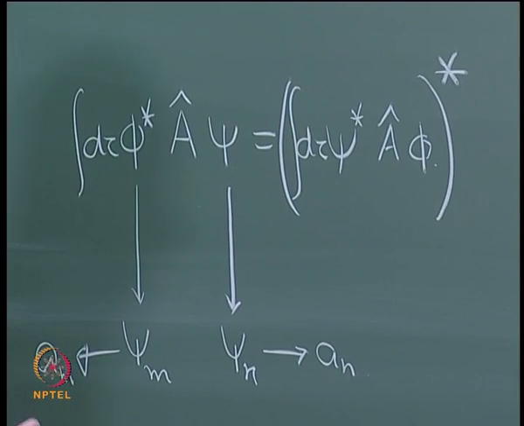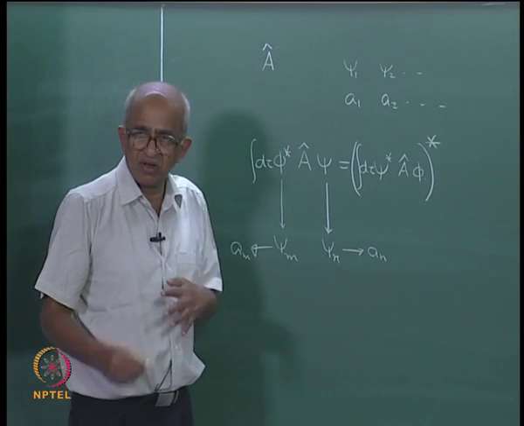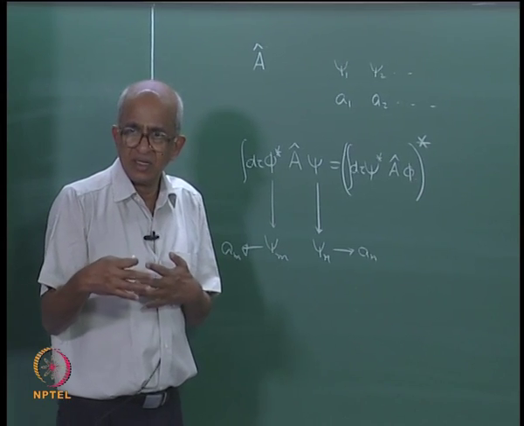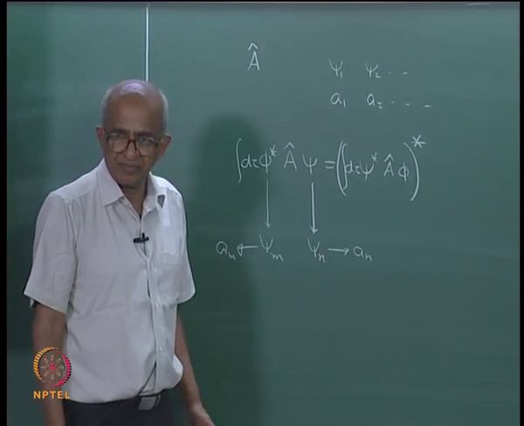And further I will also assume that a m and a n are different. So, they do not have the same eigenvalue, but they have different eigenvalues. So, a m is not equal to a n.